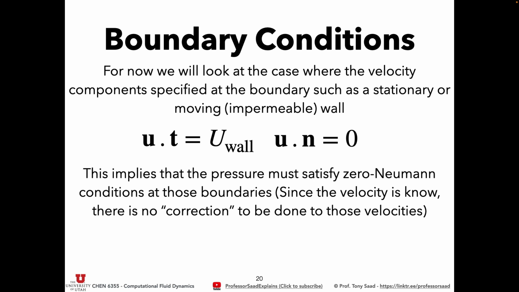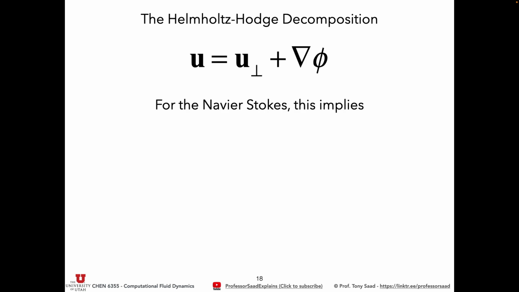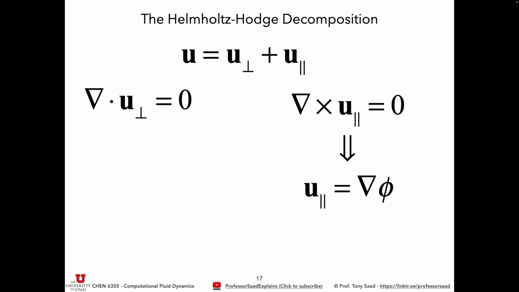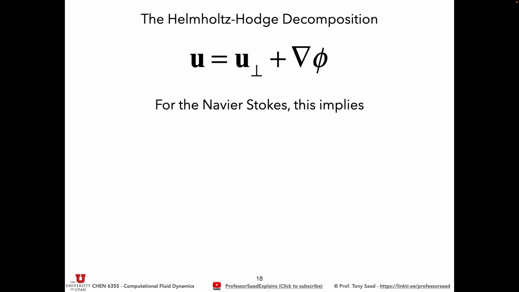Because if you think of the pressure as a term that corrects the velocity to make it divergence free, if you know the velocity, you don't need a correction. So if you go back to that equation, and you think about the pressure as a correction to u tilde that makes the velocity divergence free, well, if you know the velocity, then you don't need a correction.